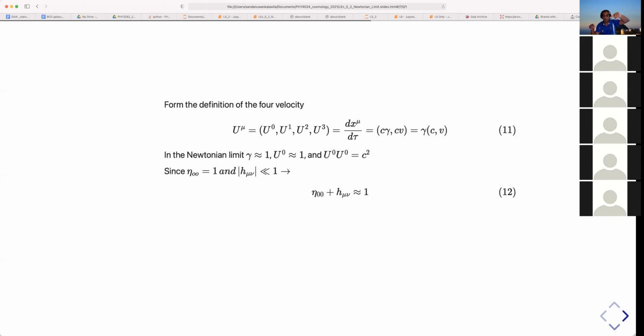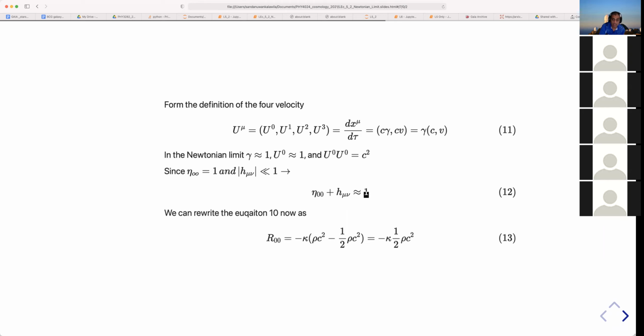Apart from that, you have the H mu nu term. If you need, you can write H0, 0, but regardless of what you have here, we have assumed that that part is a lot less than the value of 1. Because of that, you can approximate eta 0, 0 plus H mu nu as approximately equal to 1, which is the value of the first component of the Minkowski metric.